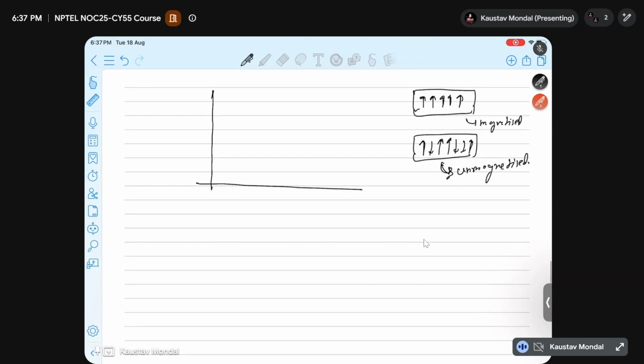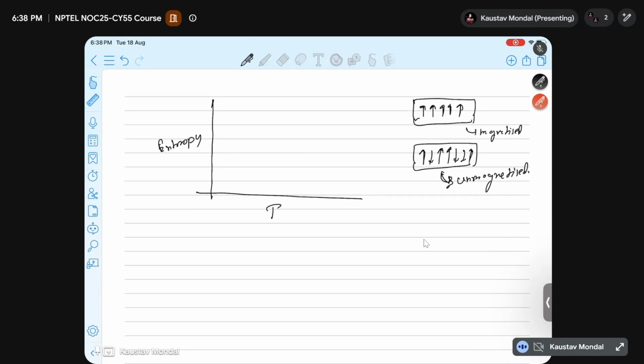Now, if you draw the entropy versus temperature for both the magnetized as well as the unmagnetized system, it will look like this.